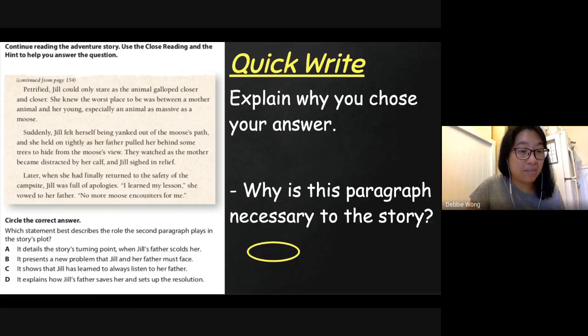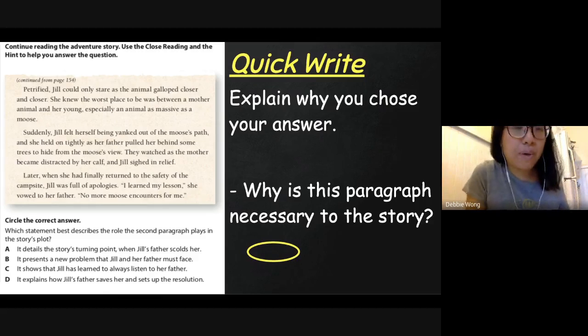So it is D because it explains how Jill's father saves her and sets her up for the resolution, so that she was safe and she wouldn't be attacked. And they went back to camp, and Jill explained, with full apologies, I have learned my lesson, and there will be no more moose encounters for her.